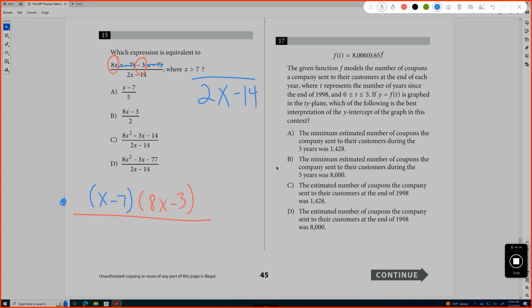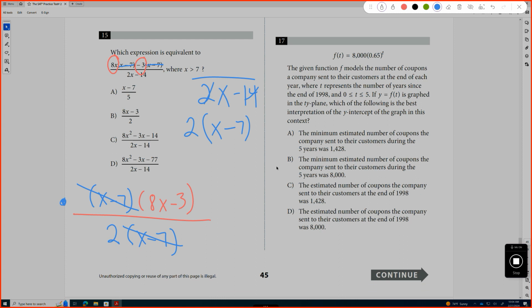So I'm going to factor a 2. After I take a 2, I'm going to be left with x and negative, and 14 divided by 2 will be 7. So over here I have 2 times x minus 7. Look for factors on the numerator that can cancel with factors in the denominator, and we have this canceling with that.